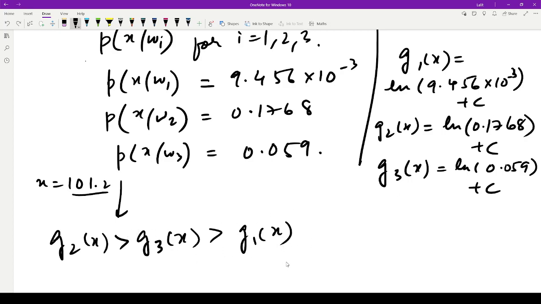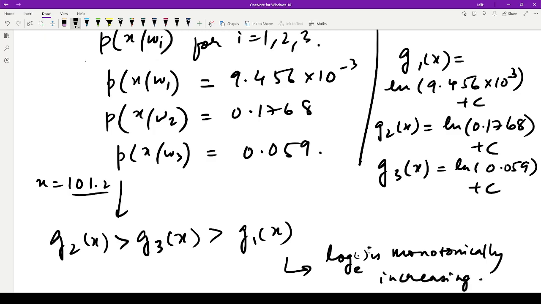Because log is monotonically increasing. Or rather, I should write ln, the log to the base e function is monotonically increasing. So once you have this monotonically increasing function, if you know that the input values are in this order, x1 is greater than x2, then log e of x1 is also greater than log to the base e of x2.